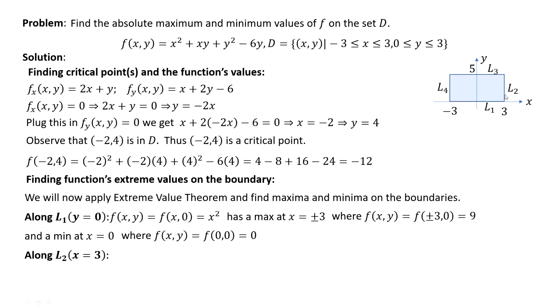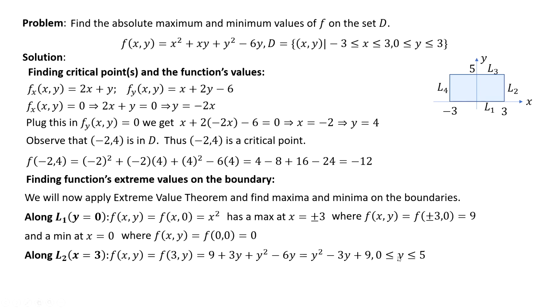That's L2, right? That's the vertical line where x is equal to 3. How do we do this? Well, go back to this original function f and plug in x equal to 3. And so we end up with y squared minus 3y plus 9 as the function. And there are restrictions on y. y is not defined everywhere. y is restricted to being on the interval 0 to 5.